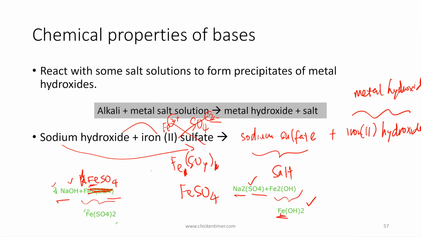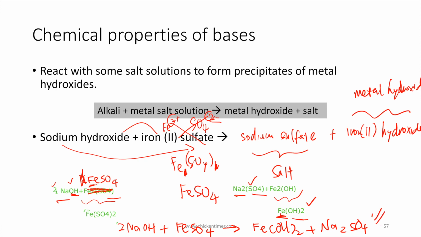Then after that, you have 2 oxygen and 2 hydrogen here. So in the end, it will be as what you have written: FeSO4 plus NaOH gives Fe hydroxide 2 plus Na2SO4. Like that, this is the answer.